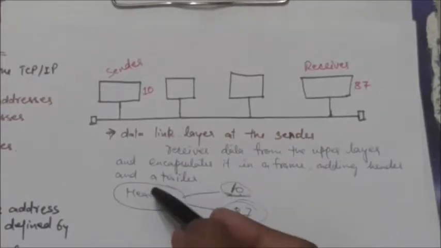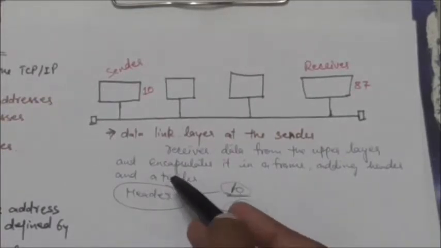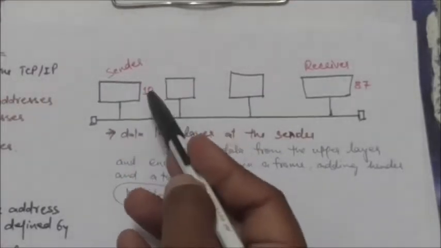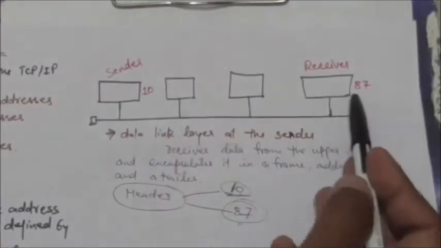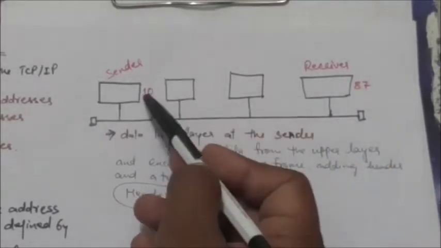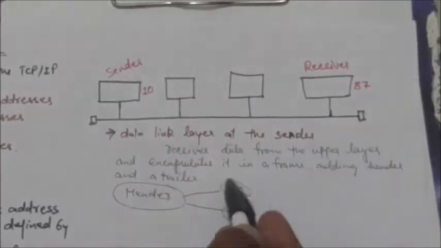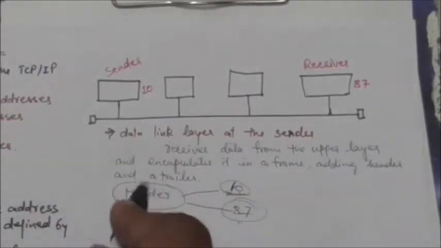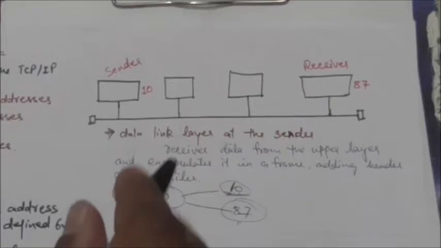Here the physical address of the sender is 10 and that of the receiver is 87, and these addresses are included in the header.